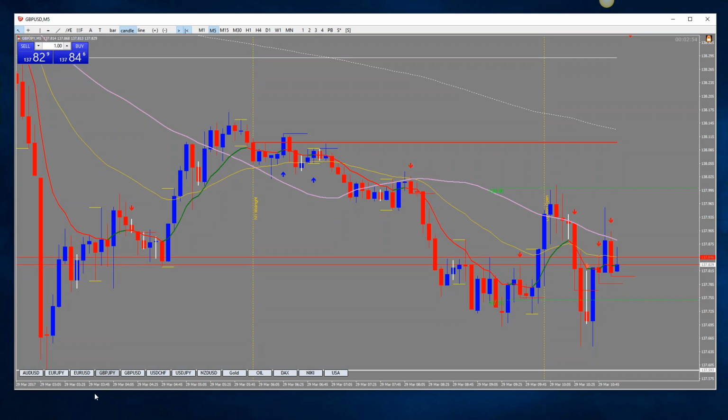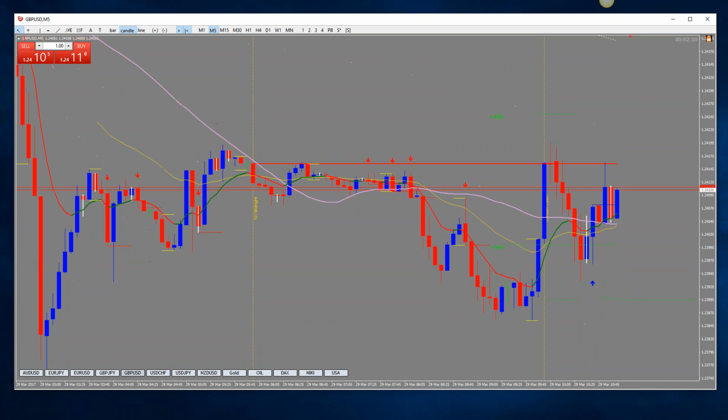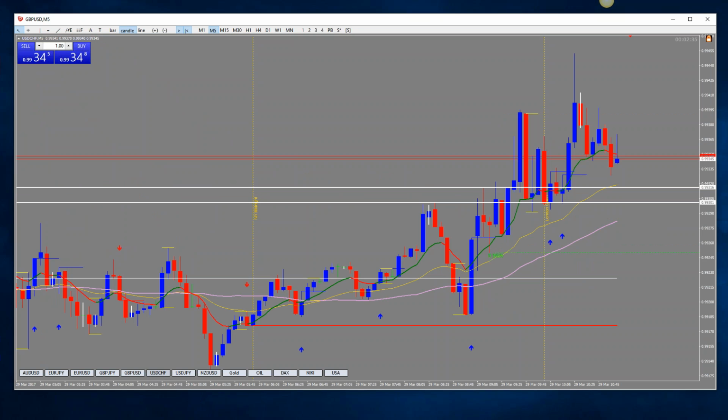I'm not going to sit here and watch it, because there are other opportunities that I'm looking at, an inside bar on the pound dollar to go short. But again, the moving averages are not really agreeing with it, so we don't bother taking that trade. We take it off the table is what we do.